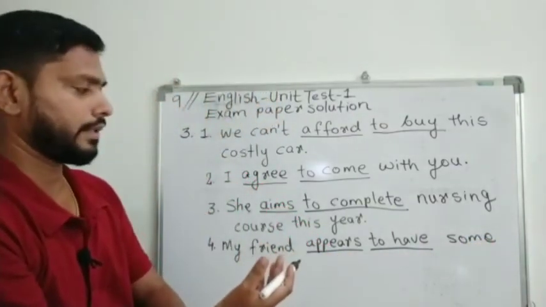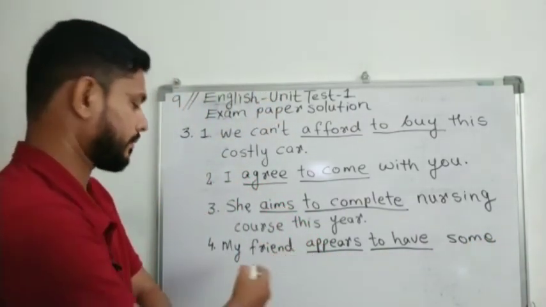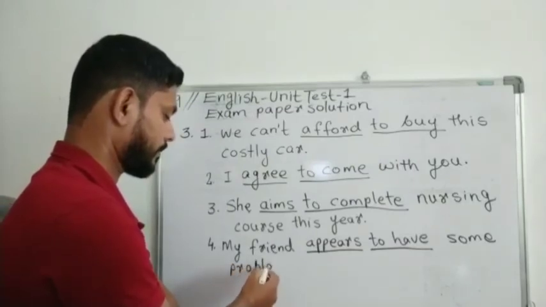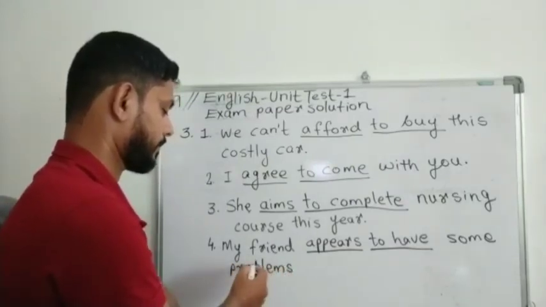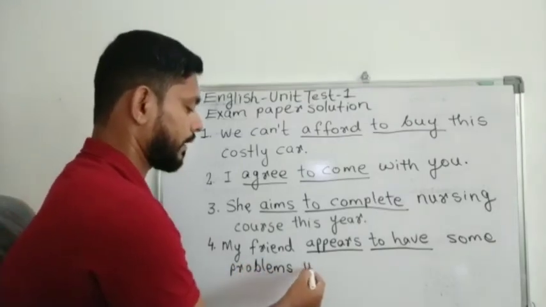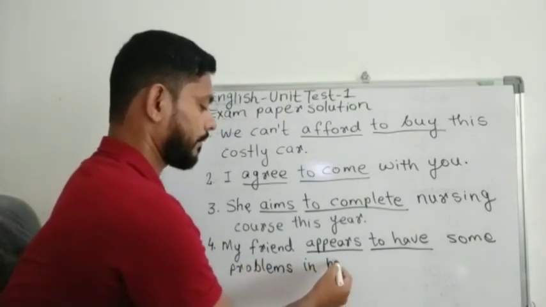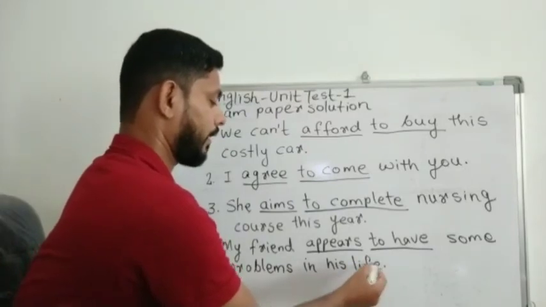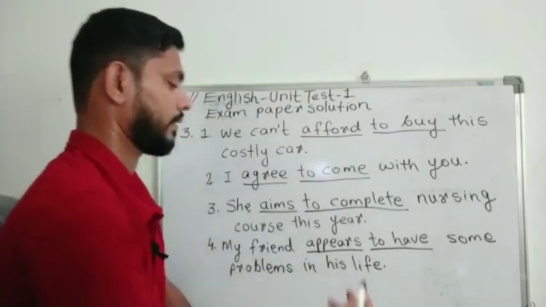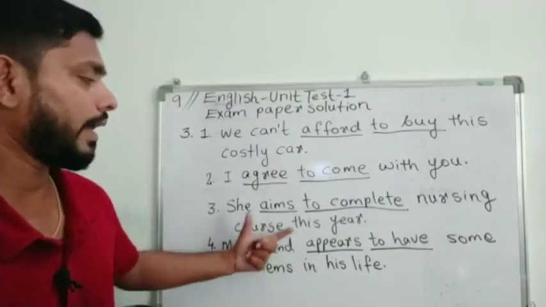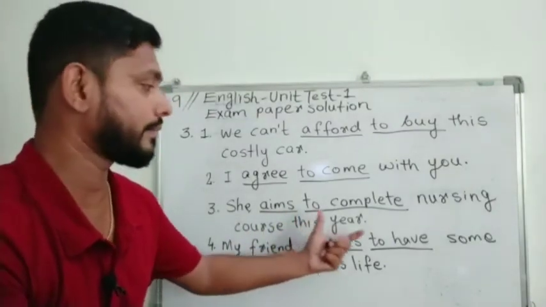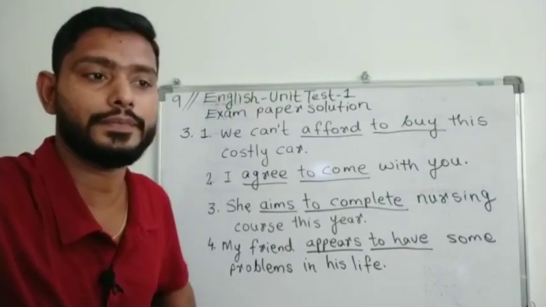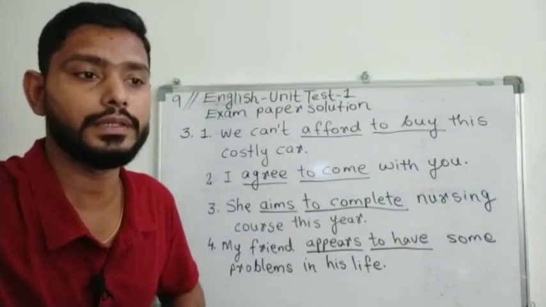My friend appears to have some problems in his life, or in her life, as you wish. That's the fourth word, appear.